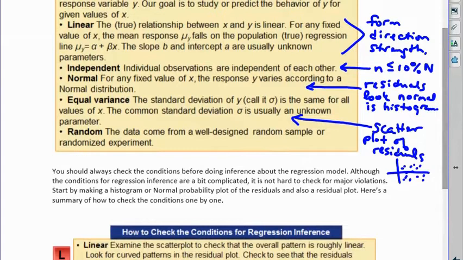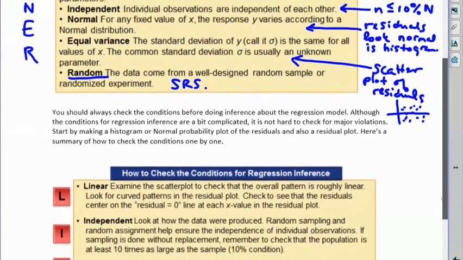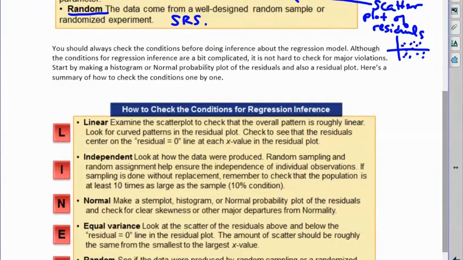And then randomness, hopefully we have a simple random sample, because that would be a well-designed experiment. So this acronym is LINER. You're going to have these 5 pieces. Some of them have multiple parts, but you're going to have to come up with those before you can prove that you can do inference.